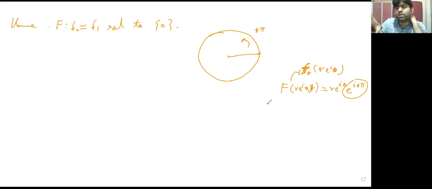Then for t equal to 3 pi by 2, it is rotation by 3 pi by 4, and so on, right? So this map F naught is getting continuously deformed towards F1.